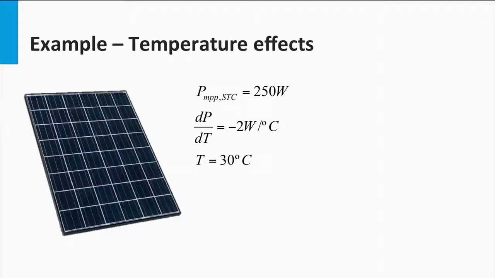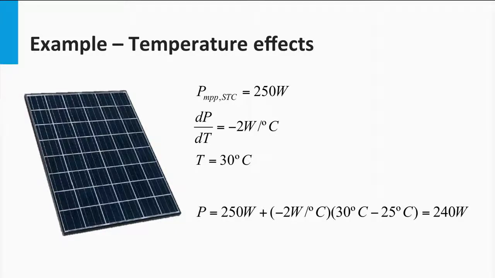Let's take a look at an example. If the maximum power output of a PV module under standard test conditions is 250 watts and the temperature coefficient of power is minus 2 watts per degree Celsius, then the module's power output at a temperature of 30 degrees Celsius can be calculated as follows.